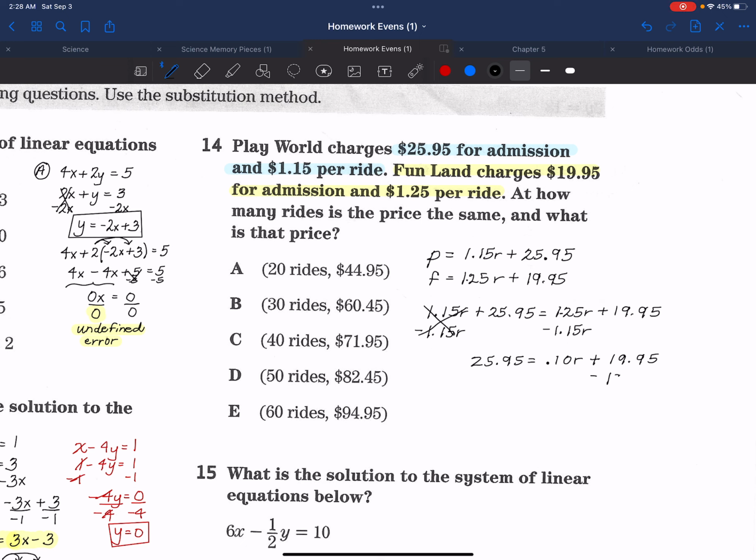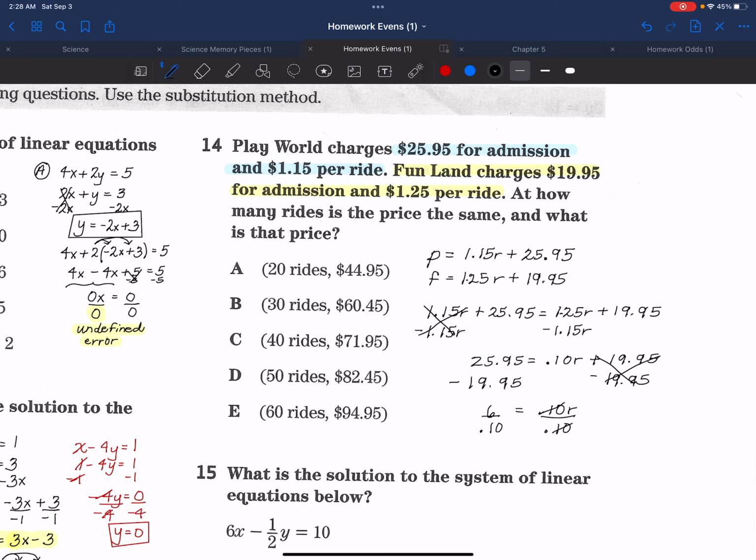So let's move the $19.95 over here and cancel. So I'm left with 25 minus 19, which is 6, or $6 you could say, equals 10 cents a ride. Divide both sides by 10 cents.